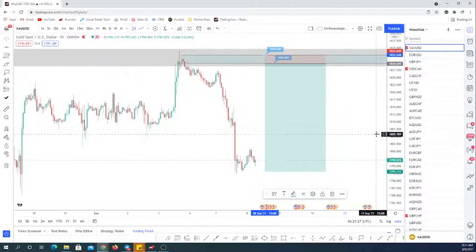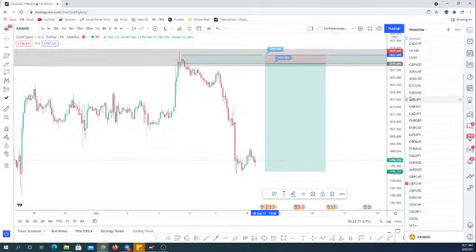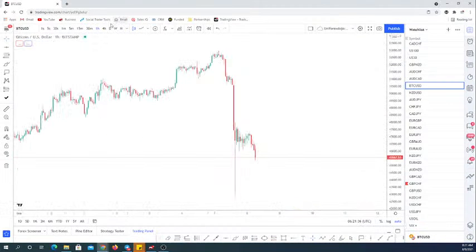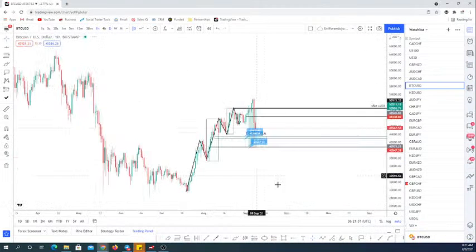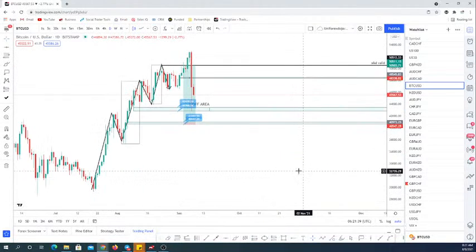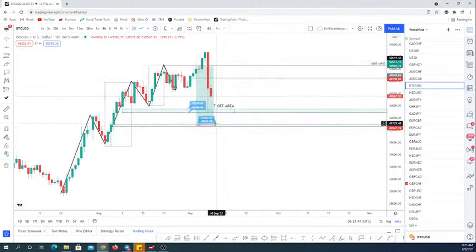And I see Kid Roy wants us to look at Bitcoin. I haven't been getting some good Bitcoin moves lately, which is pretty weird. Now, like this one here, I mean, price literally came into my zone, both the zones, and shot up.